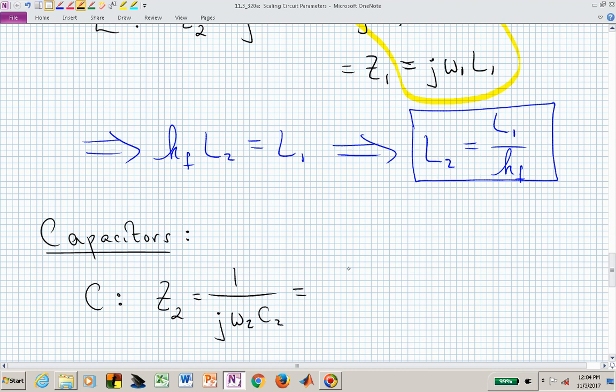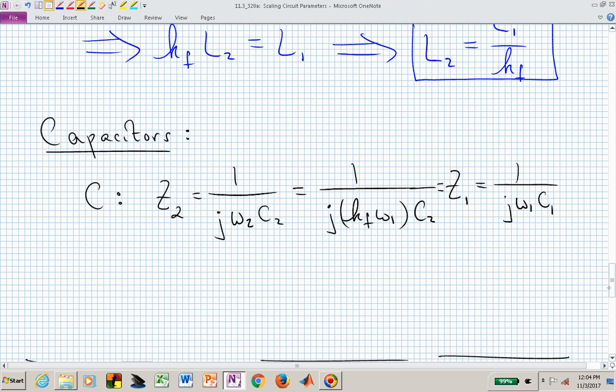But again, omega sub 2 is connected to omega sub 1 by this frequency scaling factor K sub F. So we now have J K sub F omega 1 C sub 2. But we want that to be the same impedance as Z sub 1. And Z sub 1 is at the initial frequency and the initial capacitor. So that's 1 over J omega 1 C1.